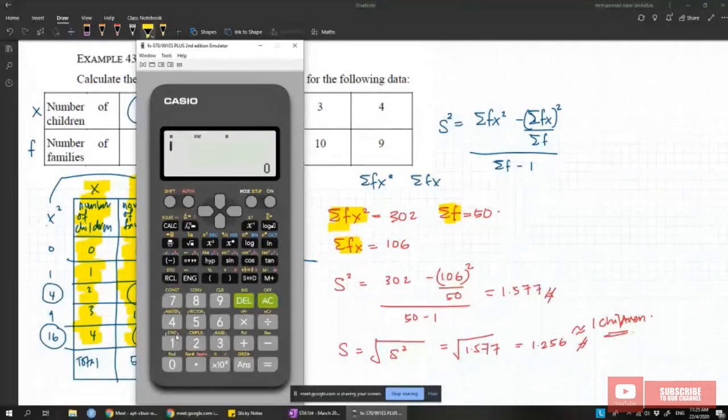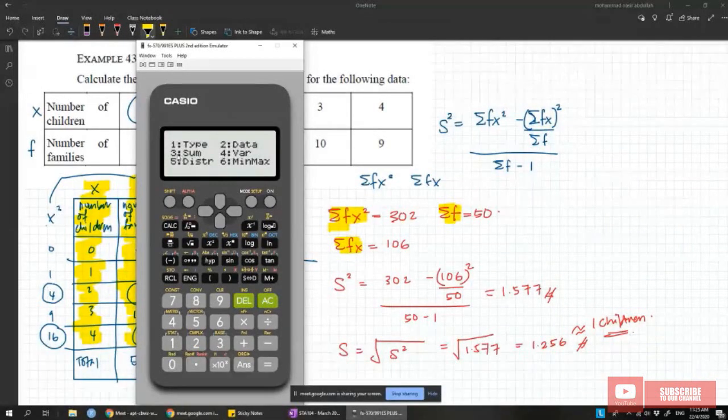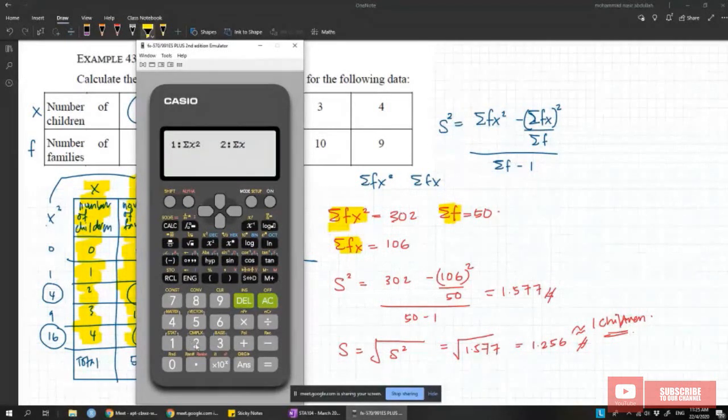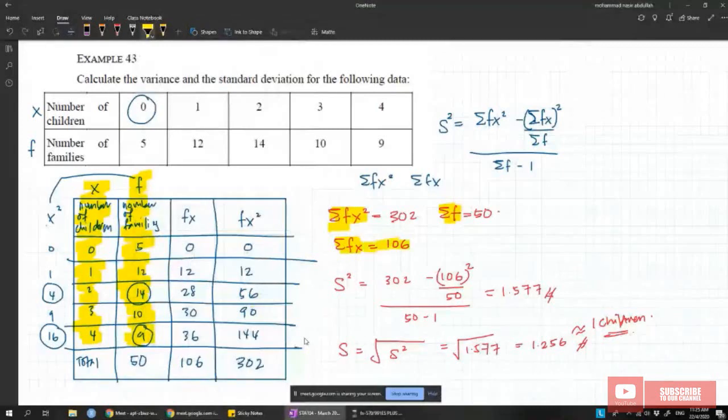Now press shift and then press 1. You see, it says Start above the 1, press 1, and then press Sum, number 3. When you press 3, it will show summation of x and summation of x square. The summation of x represents summation of fx. If you press 2, you will get 106.